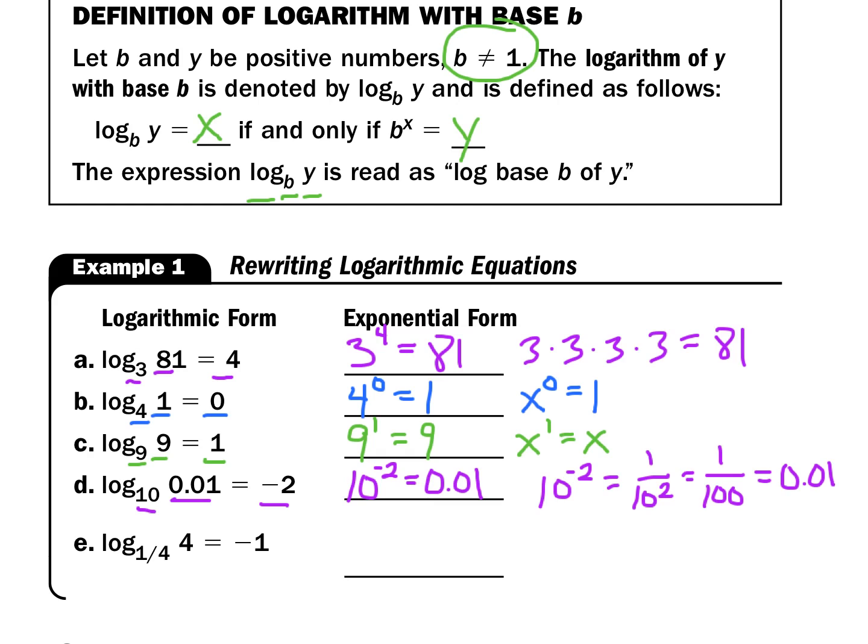And then finally, log base 1/4 of 4 is equal to negative 1, or 1/4 to the negative 1 power is equal to 4. And remember, a negative power of something is a reciprocal, just like in the one above: x to the negative 1 power is 1 over x. So the reciprocal of 1/4 is 4.